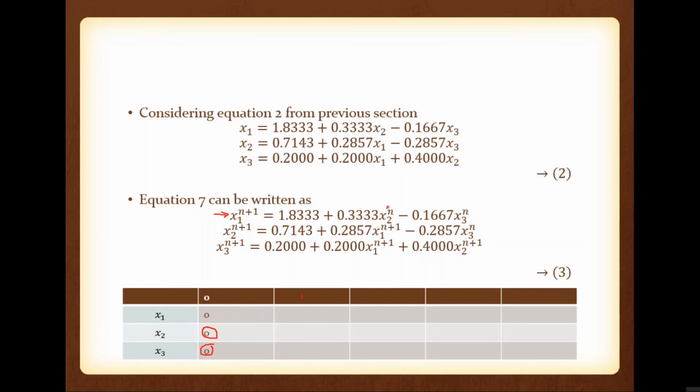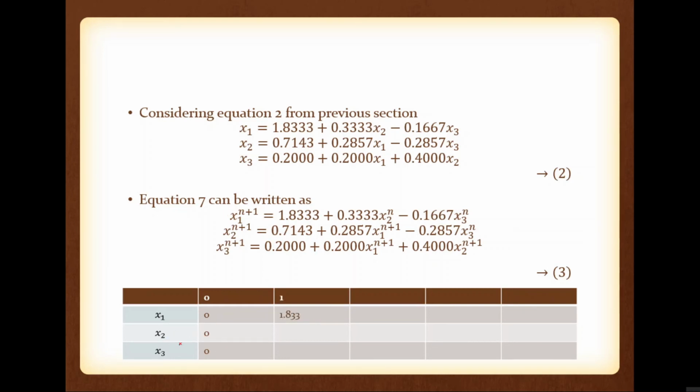So substitute 0 here, substitute 0 here. So what we have? 1.833 plus 0.33 into 0 minus 0.167 into 0. So we have 1.833. Is it okay? Yes. So this is value of x1. Is it okay?